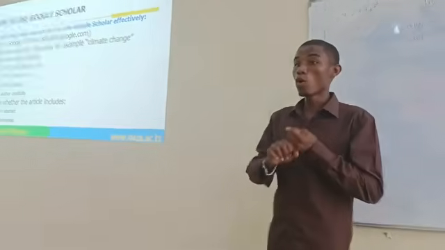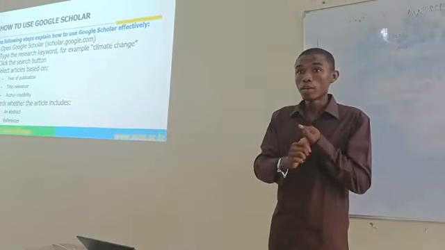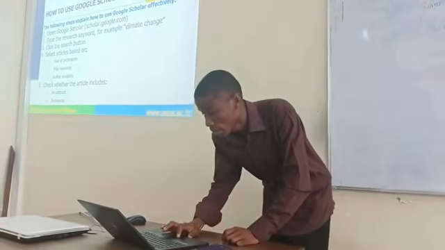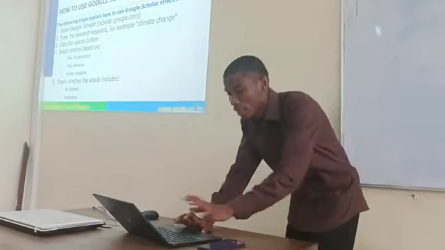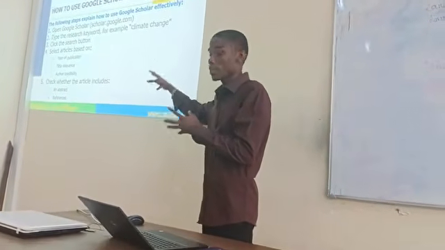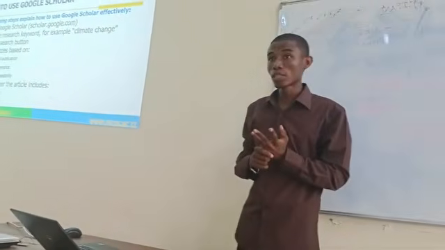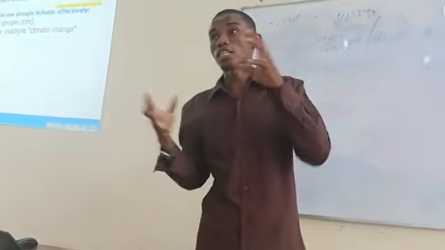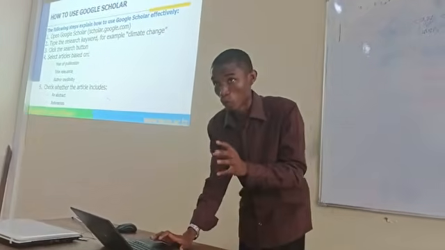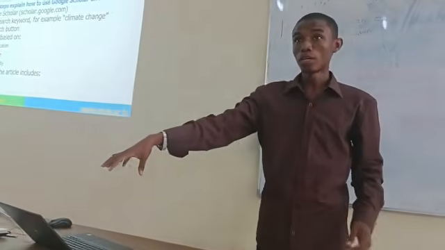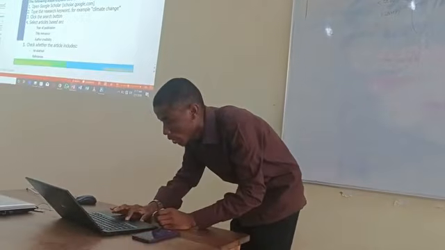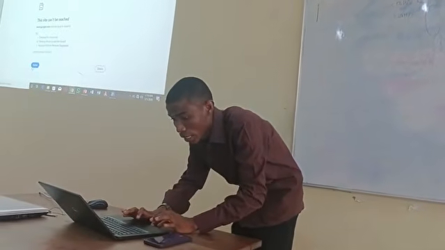If it is .edu or .gov, it is acceptable because the information is current. Then we check whether the article includes an abstract and references. If it has an abstract, it is acceptable, and if it has references, it is acceptable. If these important items are not there, it is not acceptable.